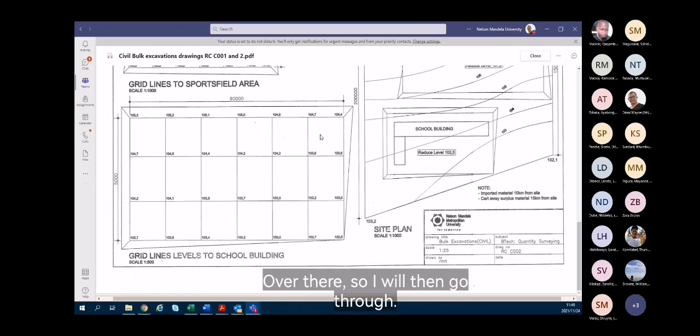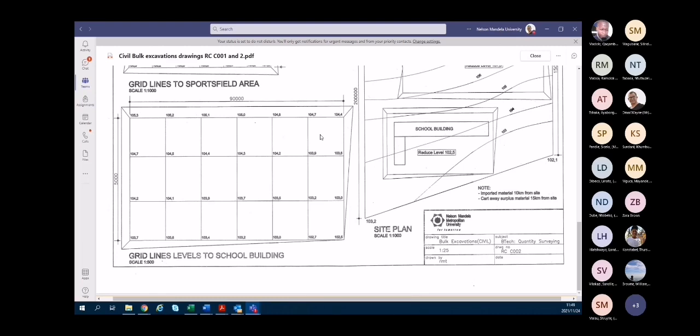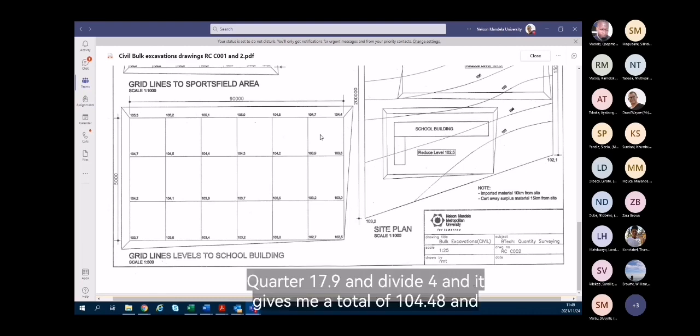So I will then go through, and at A1, I will add the 105.3, I'll add the 104.2, the 104.7, and I'll add the 103.7. That gives me 417.9. I divide by 4, and it gives me a total of 104.48.